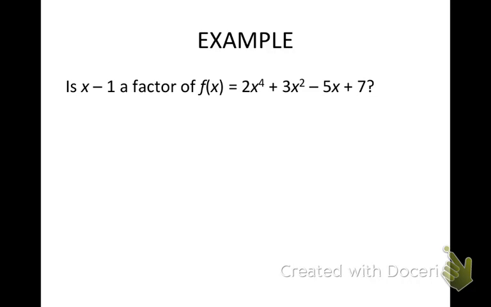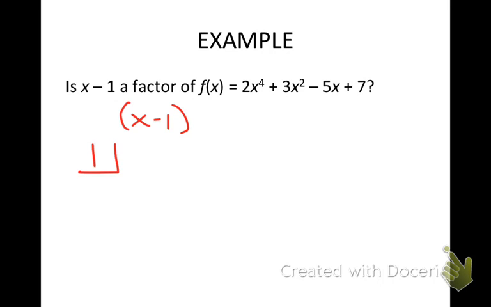Now, if this is a factor, that means that it would look something like this. x minus 1 in parentheses. If that was a factor, what technically would be the 0? It would be 1. So we're going to put the 1 in the half box, because we have to think about putting that 0 in place of it.